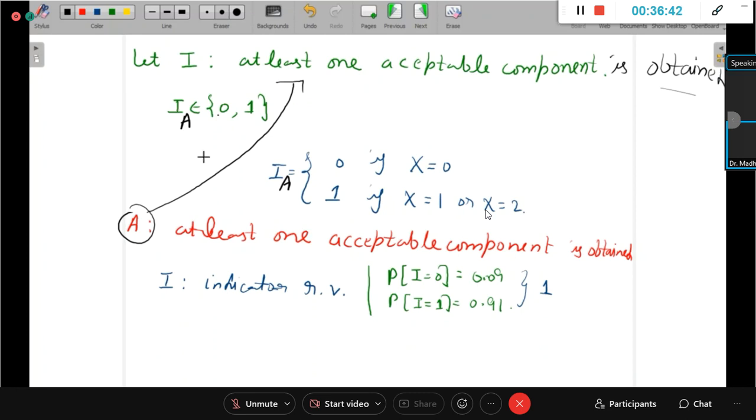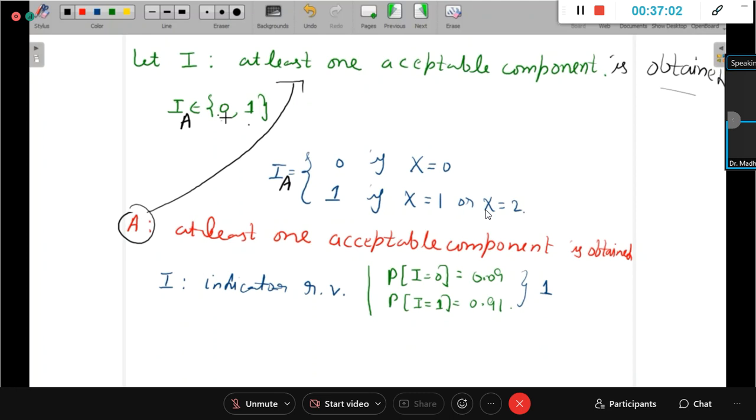Now, indicator random variables, from a practical point of view, we take as 0 or 1. Either the event occurred or it does not occur. If the event occurs, it takes the value 1, and if the event does not occur, it takes the value 0.